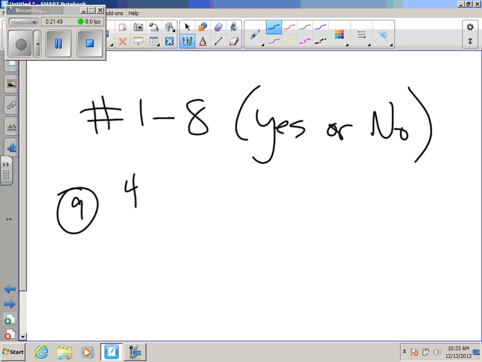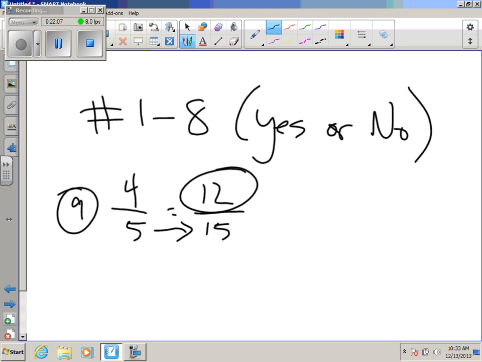If we look together at number 9 and we say 4/5 is equal to something over 15, I look for my relationship, I see it right away. 5 times 3, 4 times 3 equals 12. What number goes on the line? 12. That was the missing value. Put the 12 on the line.